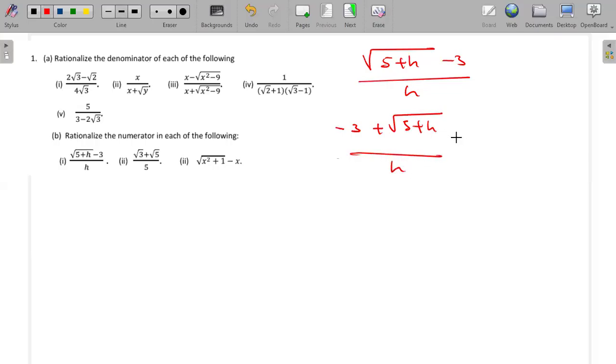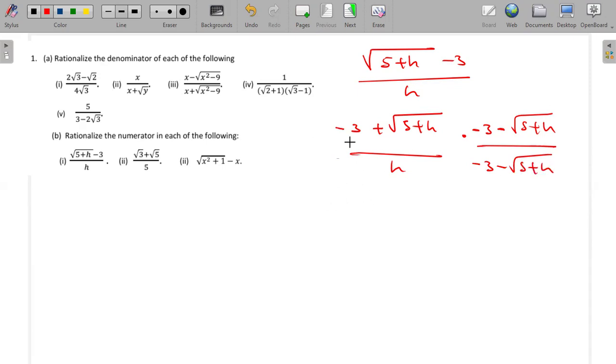Or you just go direct, say I change the sign. The sign here is going to change, that's negative. So it'll be negative 3 minus the 5 plus h, then down there it will be the same, 5 plus h.